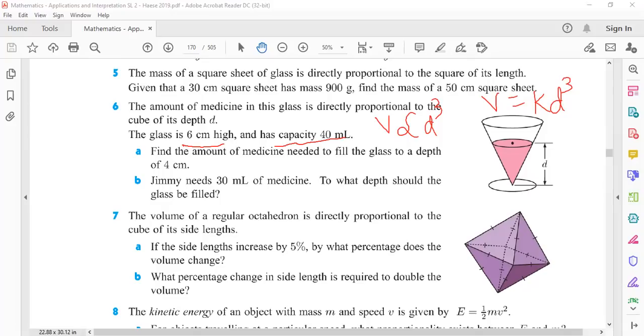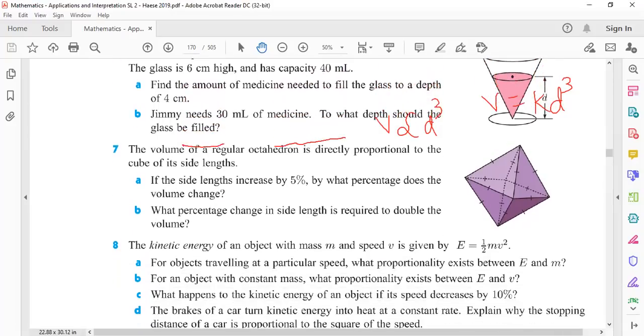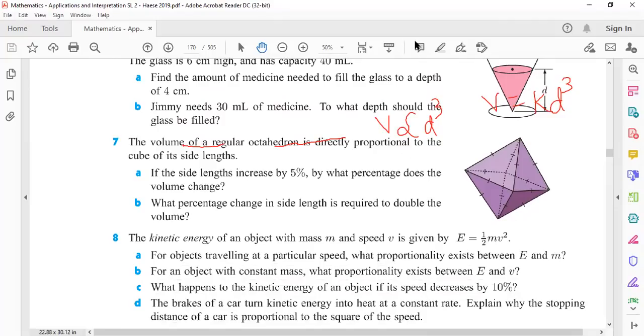And then try the seventh one. Seventh one is a percentage now. Okay? So volume is directly proportional to the cube of length.